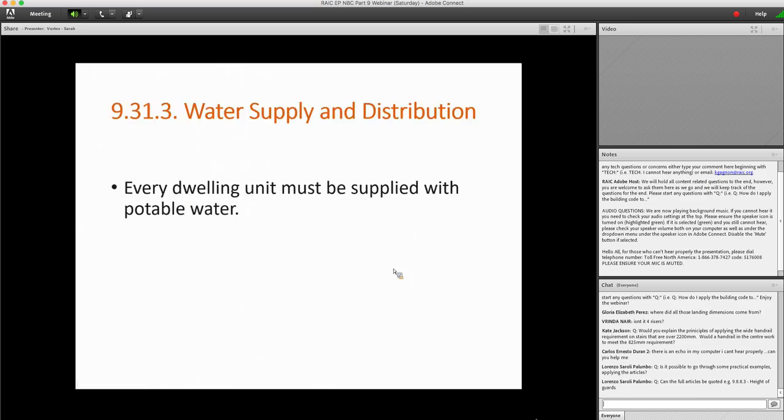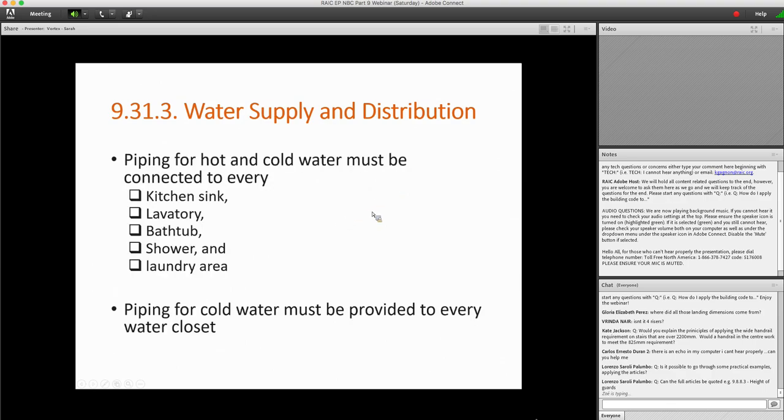The plumbing requirements in the National Building Code Part 9 are somewhat specific. They require that every dwelling unit must be supplied with potable water. For a residence, piping for hot and cold water is required to be provided to every kitchen sink, lavatory, bathtub, shower, and laundry area where this is provided.